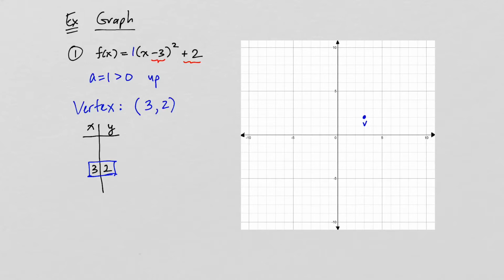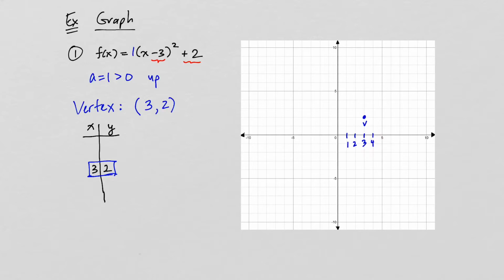Now, what I need to do is get a few other points. Because the vertex occurs over here at x equals 3, I'm going to plug in two values of x to the left of 3, which would be 2 and 1, and two values to the right of 3, which would be 4 and 5.